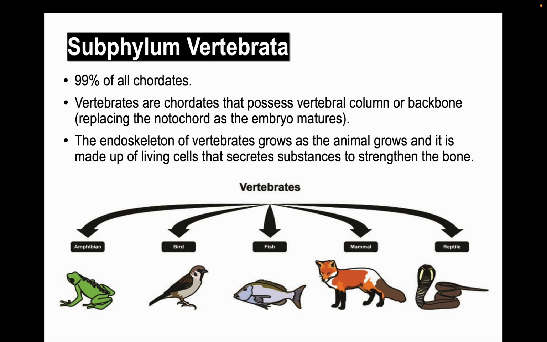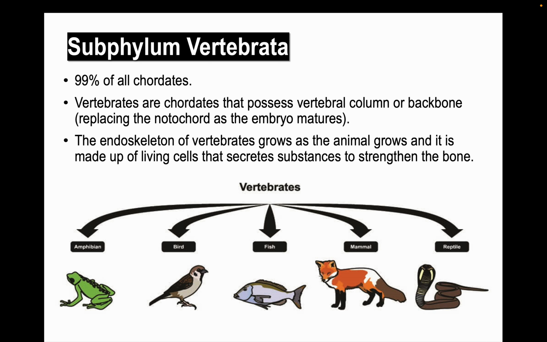The endoskeleton of vertebrates grows as the animal grows. There is a bony or cartilaginous skeleton that gives the animal its overall shape or its stability, made up of living cells.